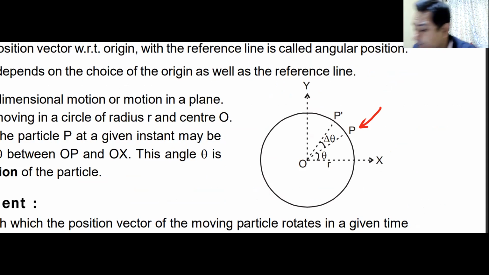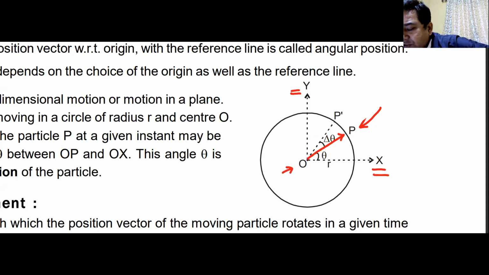Okay, done. So this particle is following a circular path. To understand its motion, I need two axes, x-axis, y-axis, already there. I need an origin, already there. Now I can always draw a vector from origin to point P. That becomes my OP vector.